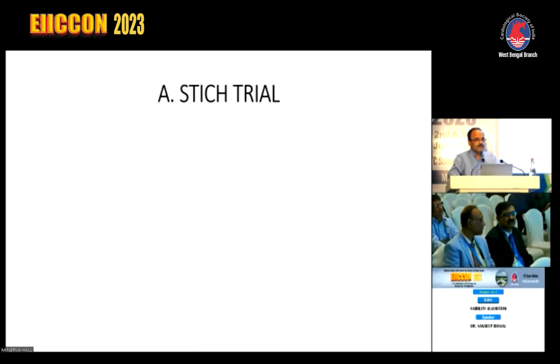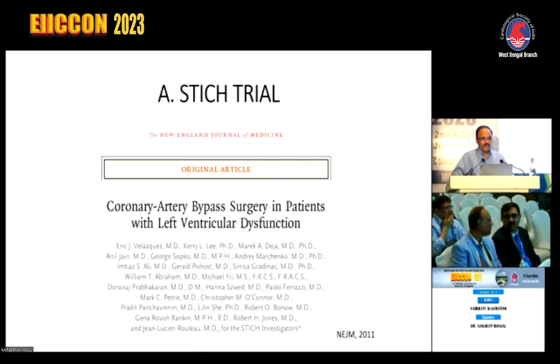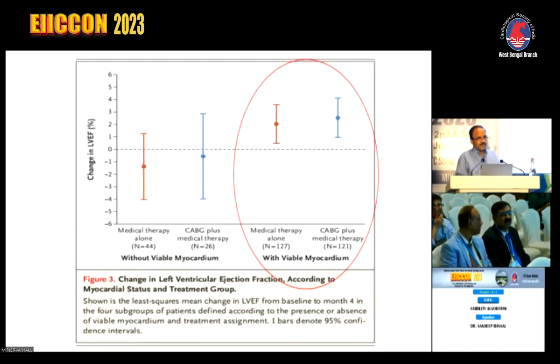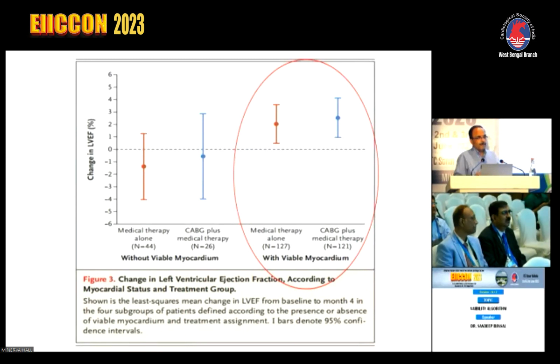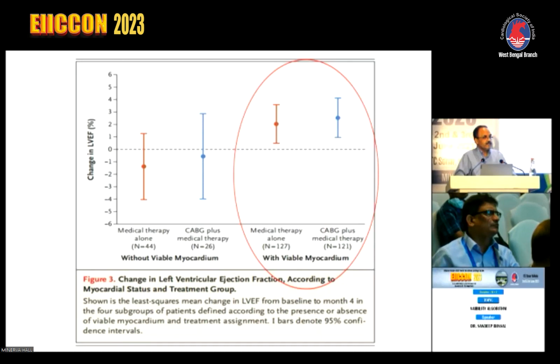Now, the most often discussed trial for viability, I would say, is the STICH trial. In the STICH trial, what they had done is taken patients with left ventricular dysfunction, subjected them to medical therapy or coronary artery bypass grafting. In about 40% of them, they actually did viability studies.